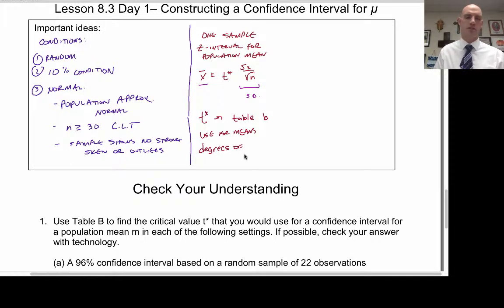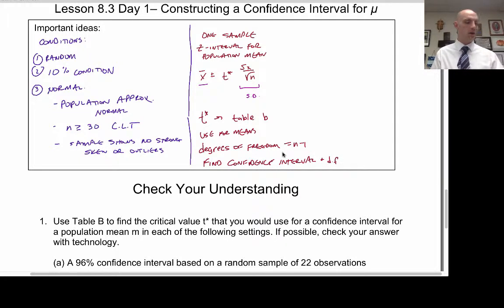It's one of the charts. I'm going to show you the chart in a minute. Degrees of freedom is equal to n minus 1, and so we're going to use table B, and we're going to find the confidence interval and our degrees of freedom.